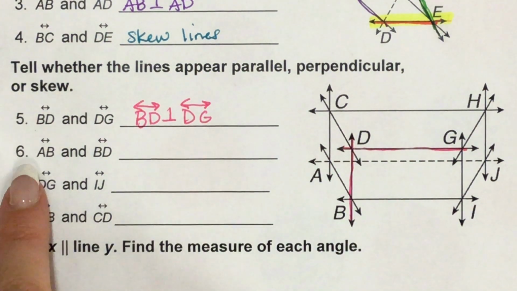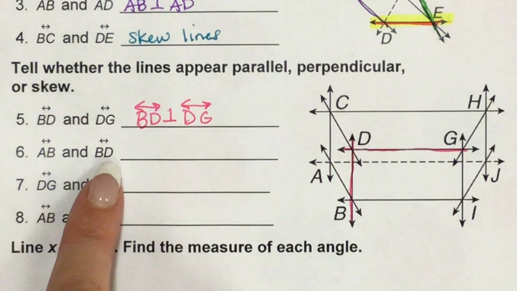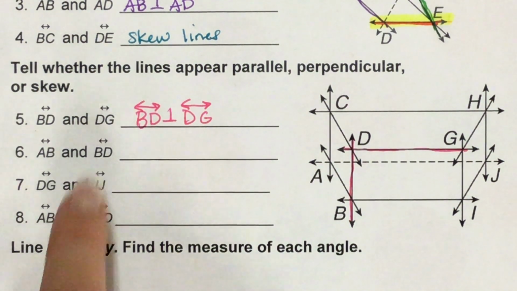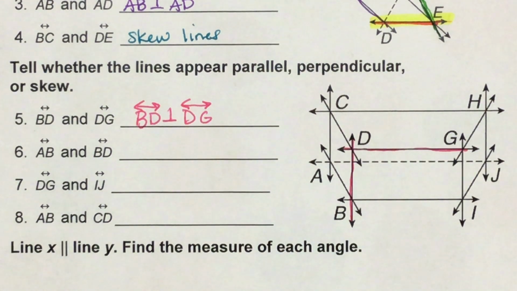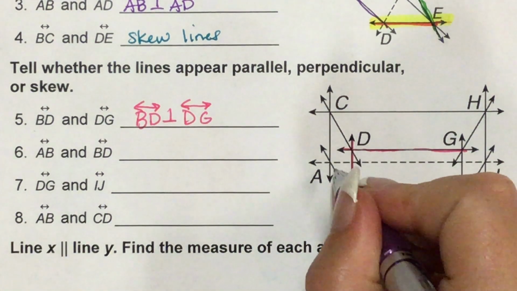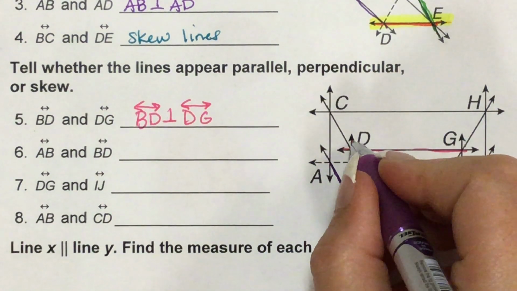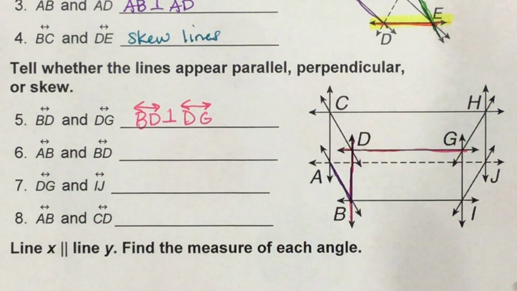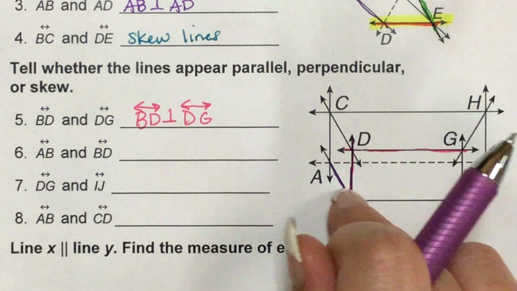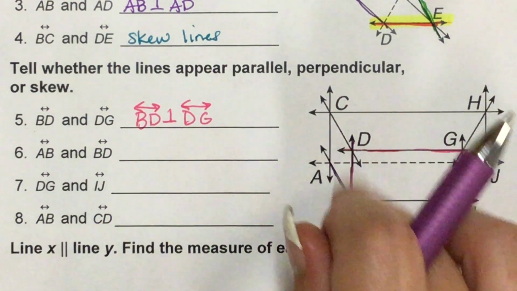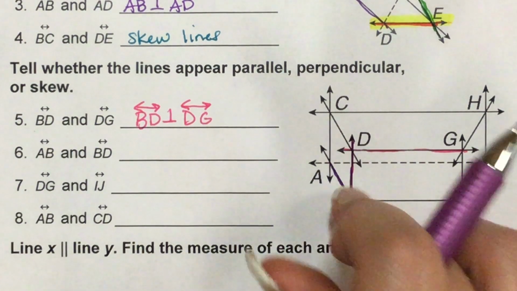Let's move on to problem 6, AB and BD. It looks to me that this line on this face would be going side to side, and this would be going straight up and down.